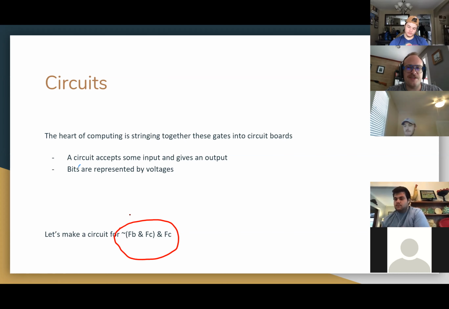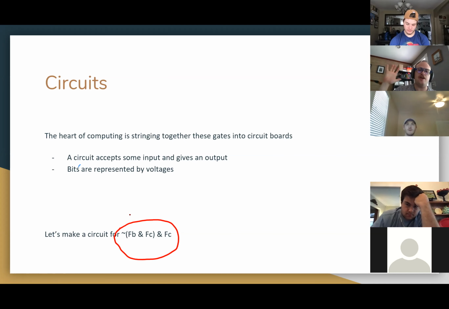So when we're making a circuit, we don't have the physical material, unless maybe you do, to make a circuit using wires and a battery and power supply. But what we're going to do is draw diagrams using the logic gates that we just learned to represent the truth functioning as an input-output functioning for the circuit.